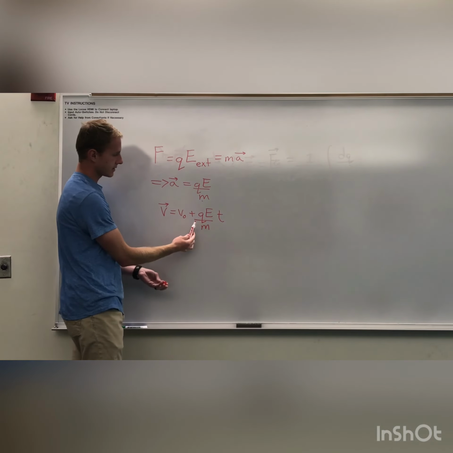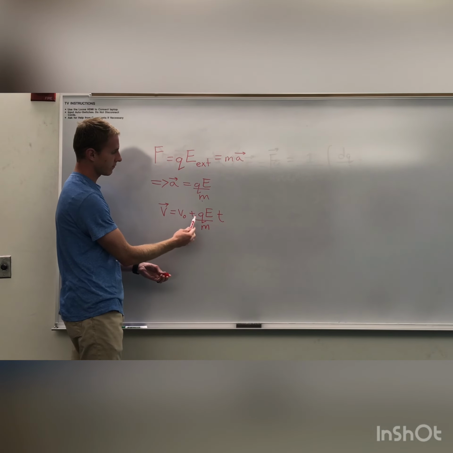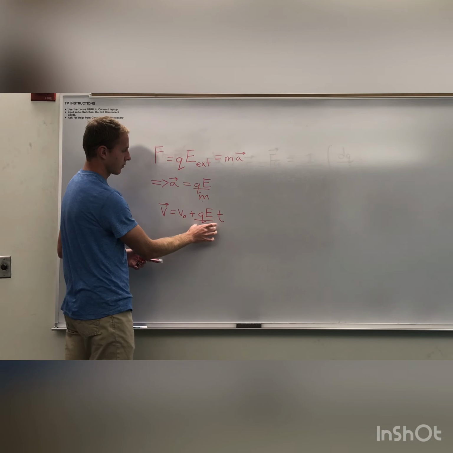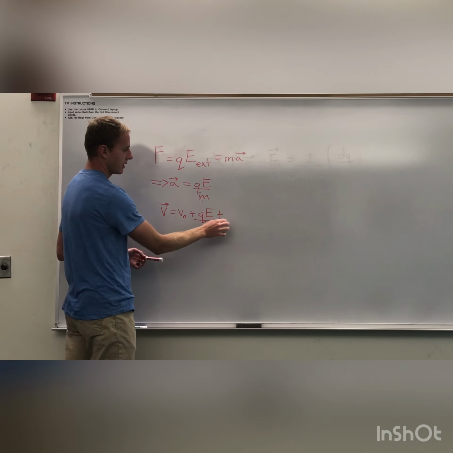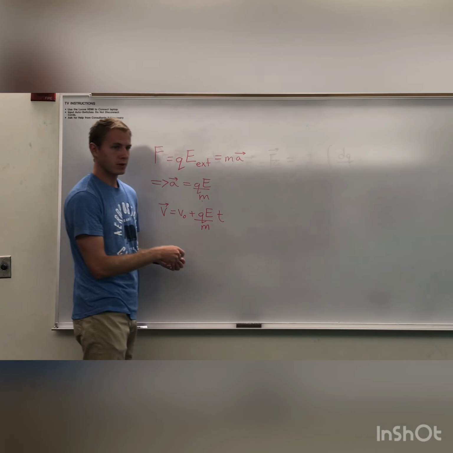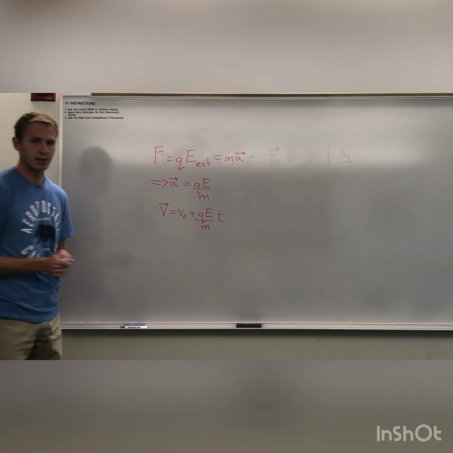And we can check this, it gives the units of velocity. So we have right here an acceleration, meters per second squared. And by adding units of seconds on top, we have meters per second, which is velocity.